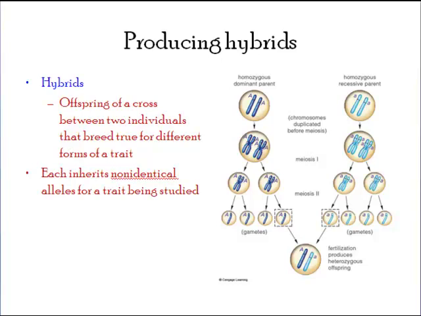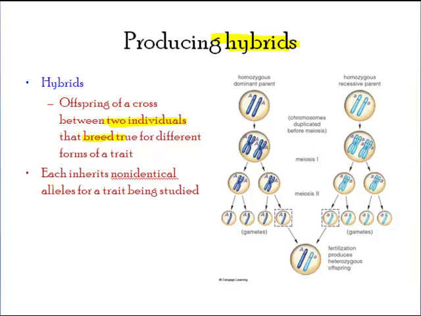Now, the term hybrid pretty much means that it is going to have two different kinds of traits. Hybrids are always produced after a cross is made between two true-breeding individuals, which means that if you cross a pure breed with another pure breed, the offspring that results will have some properties of one parent and some of the other.